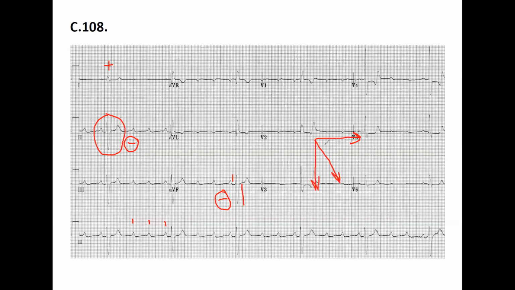This is lead number 2. This is AVL, this is minus 30. So you are somewhere here, that's an extreme deviation. AVR is positive, so it means that we have minus 60, so this is between minus 60 and minus 90. So that's an extreme left deviation.